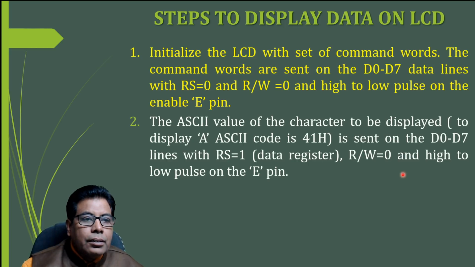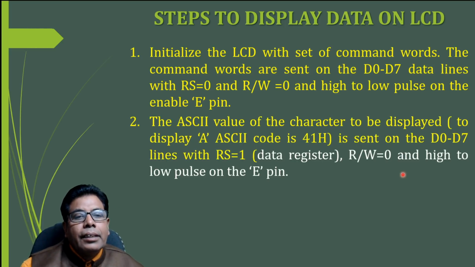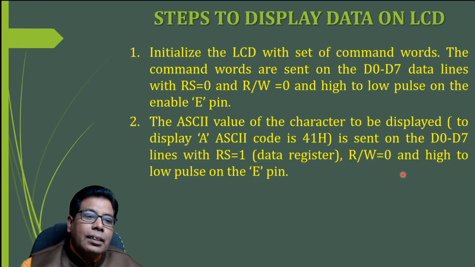Then the second step is sending the data, that is the ASCII value of the character to be displayed. For example, if you want to display A, the ASCII code for A is 41 hexadecimal, 41H. It is sent on the data lines D0 to D7.